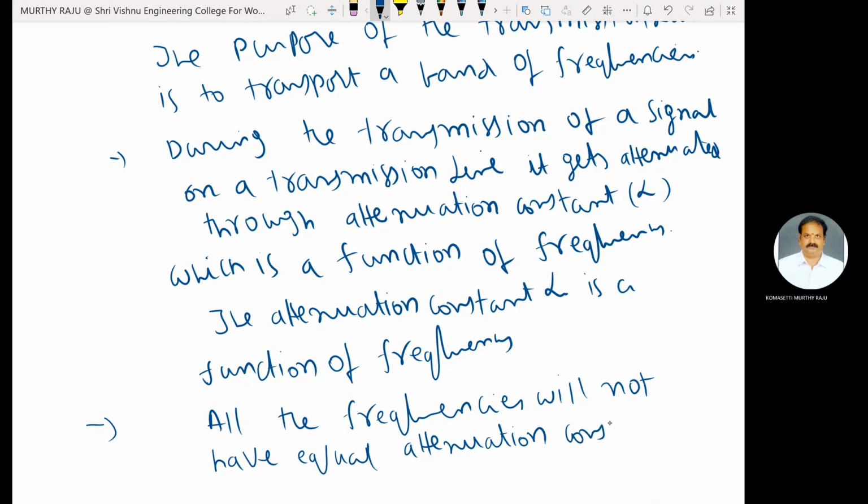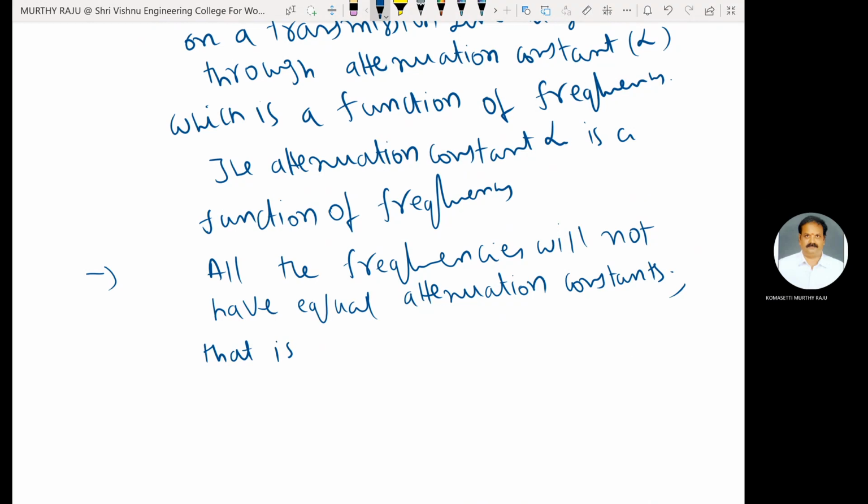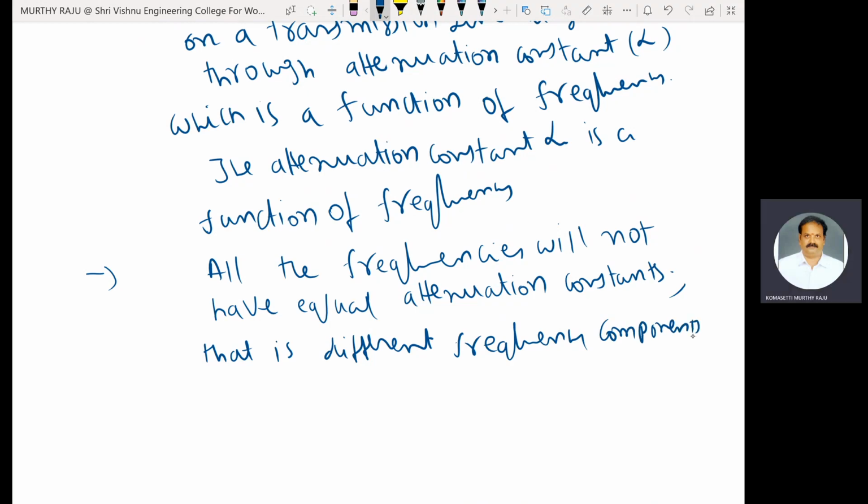That is, different frequency components undergo different attenuations.